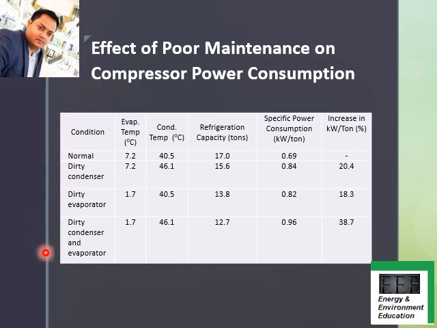So this is a very important table for you to understand, and this concept is also very important. They may ask you a question related to this table, such as to explain the effect of poor maintenance on the compressor power consumption. In that case you can cite this table and explain the entire concept, friends. So this is very important as far as your exam is concerned, friends.